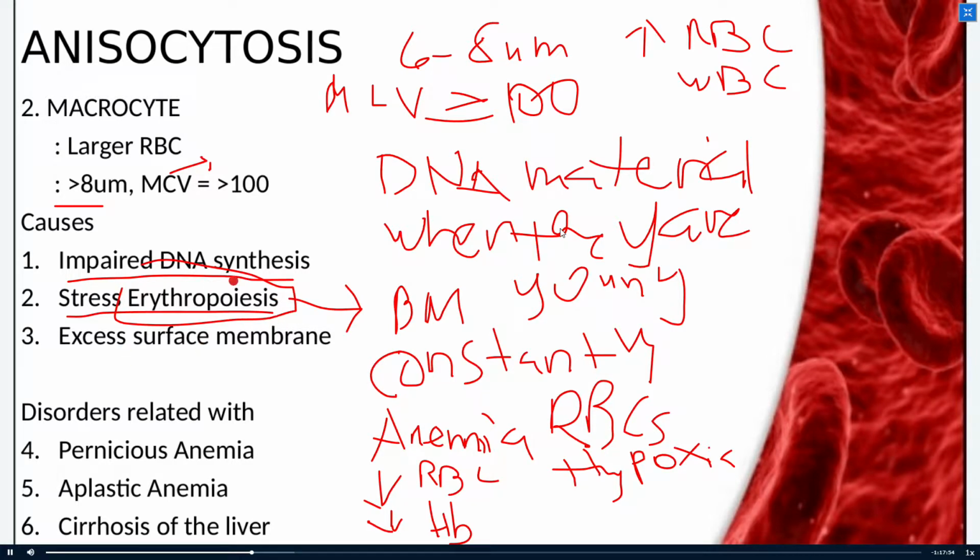Give me something, class, that you can encounter on a daily basis that could lead to erythropoiesis. Starts with the letter T. No, it's thalassemia again.